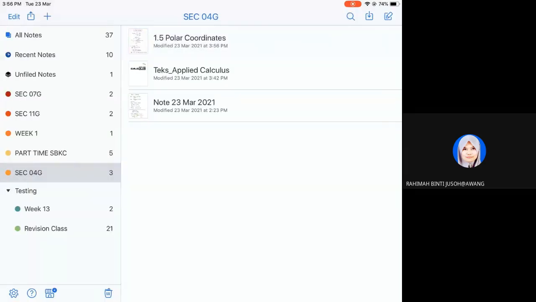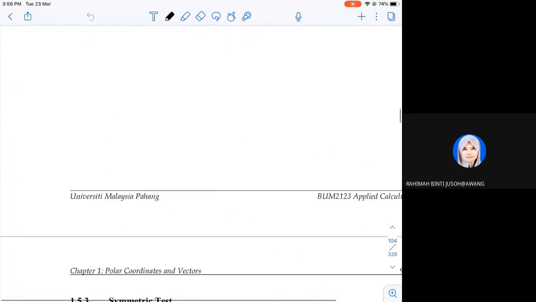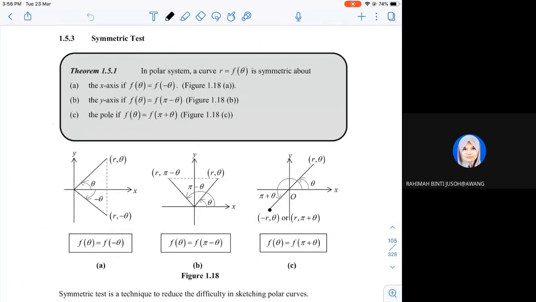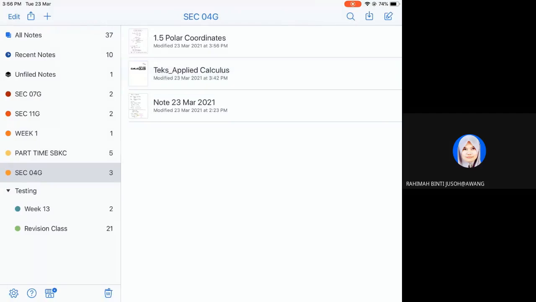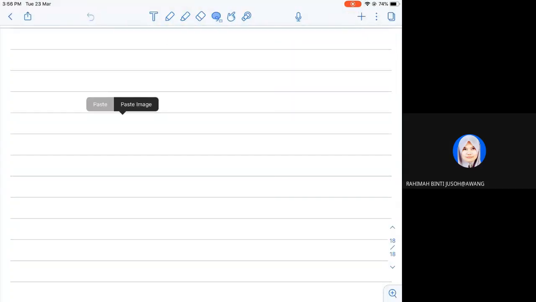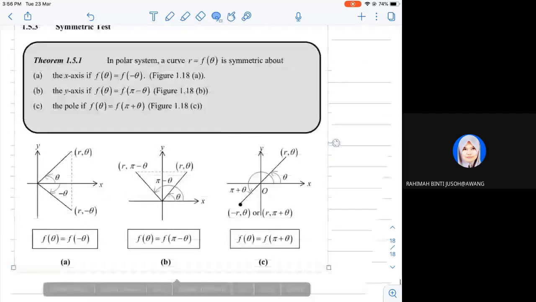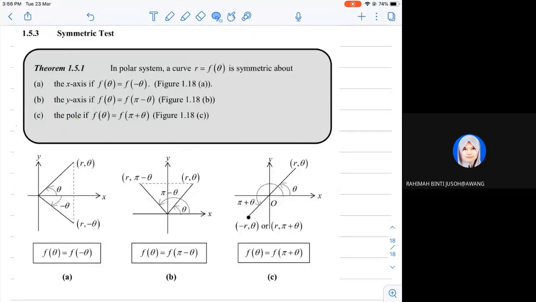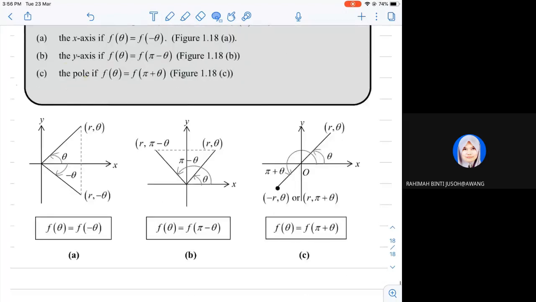Alright. Next, symmetric test. Ni yang saya takut tak sempat cover habis. So kalau you dah order kelas, tak apa, nanti saya akan bagi recorded kelas kita ni. Dia ada 3 case untuk symmetric test.